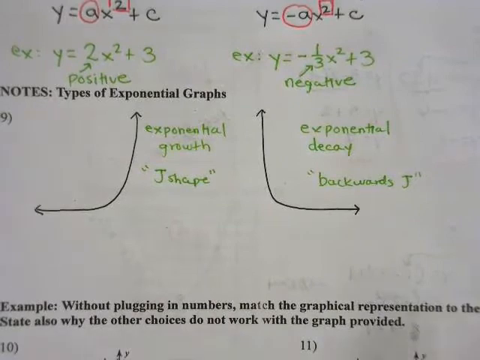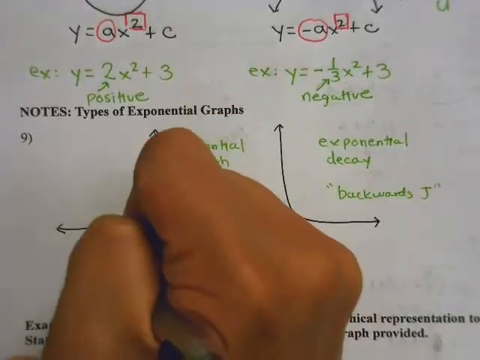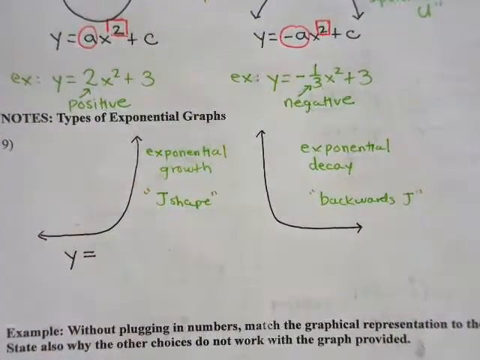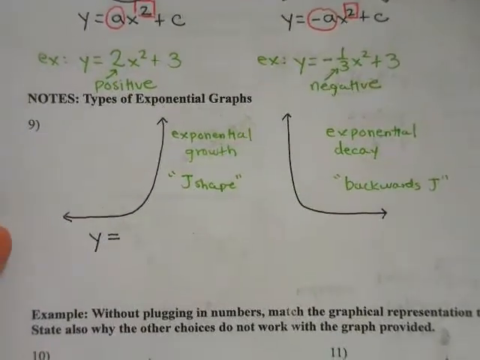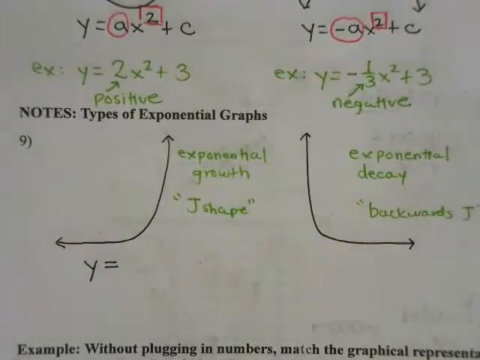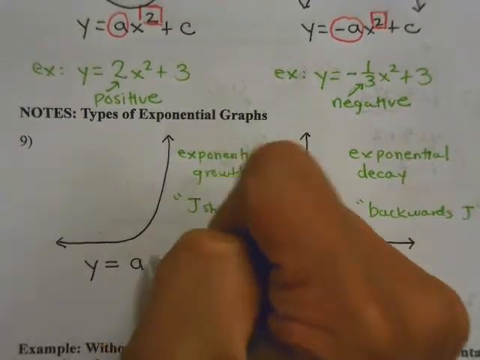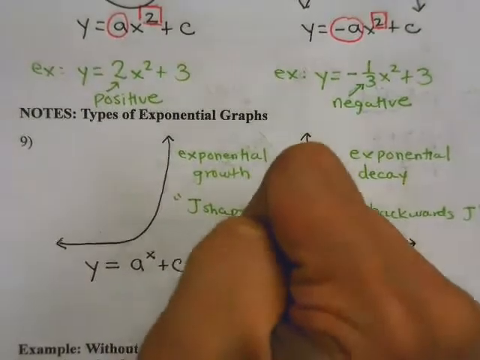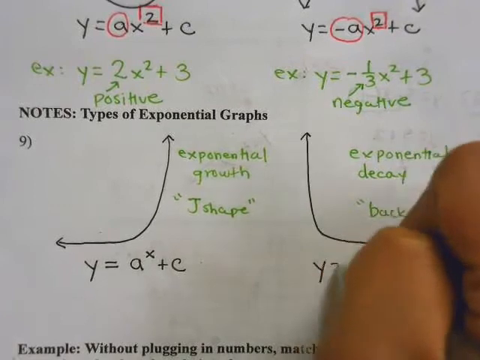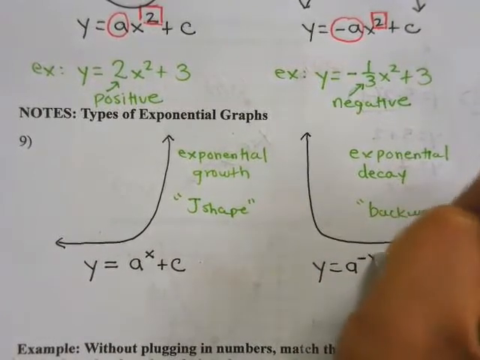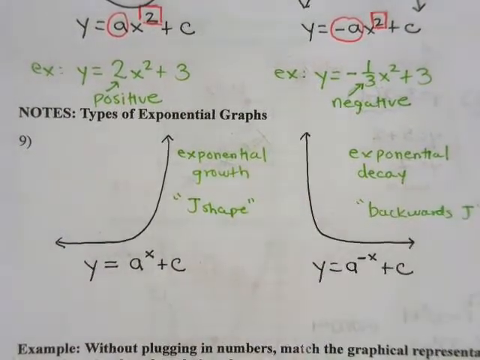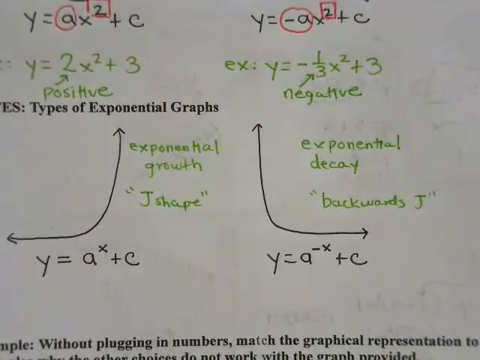All right. What does the equation look like? Well, the equation can look like this. Here's one way anyway. a to the x plus c, a to the negative x plus c. Okay. So take a look.